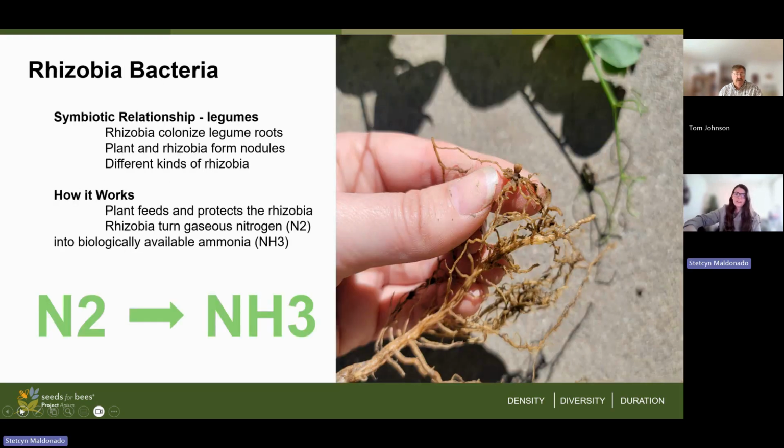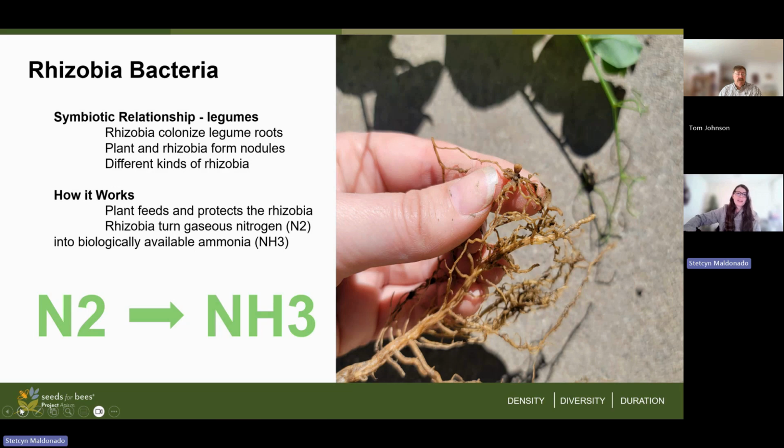So the star of our show is the Rhizobia bacteria. Legumes are the only plant species that can form a symbiotic relationship with Rhizobia bacteria. And this relationship allows them to fix atmospheric nitrogen into ammonia, or plant available nitrogen.